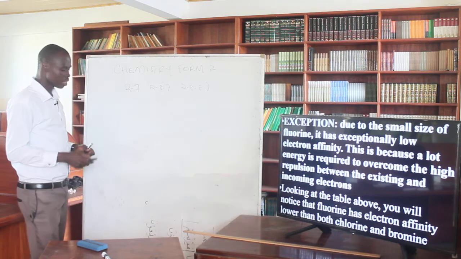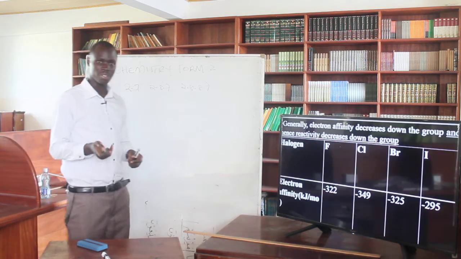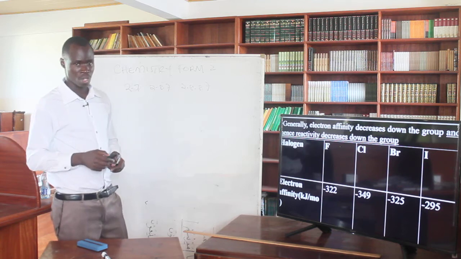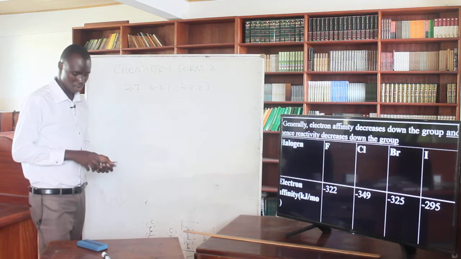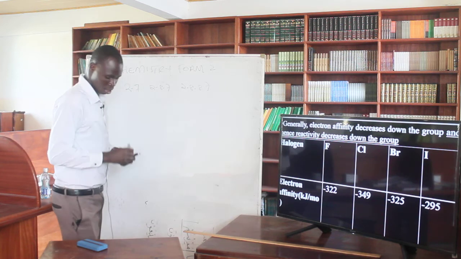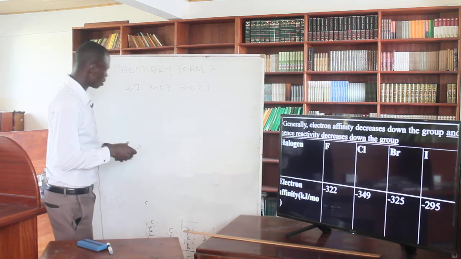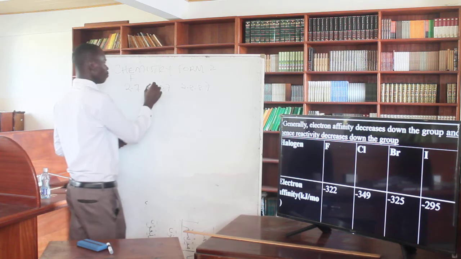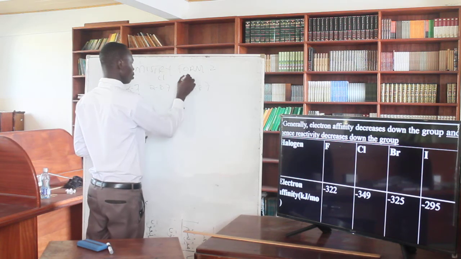Now, why do you think that fluorine could be having this exception? You find that fluorine has the smallest atomic radius, or rather, the atom is very small.